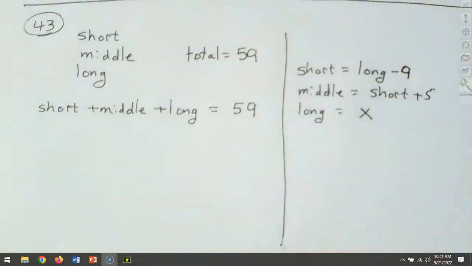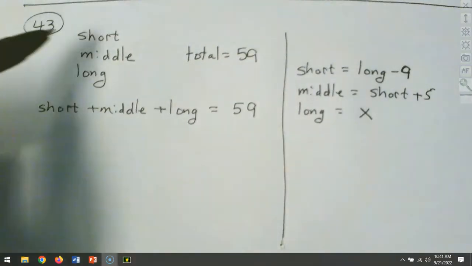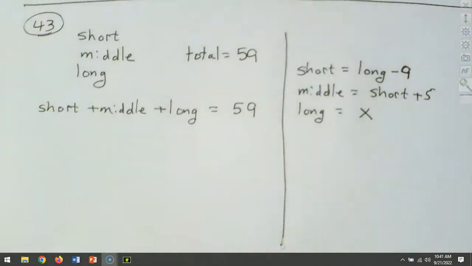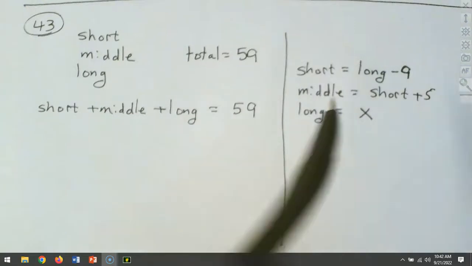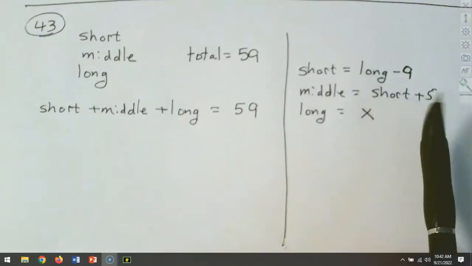Let's read it and make sure we have it right. The party sandwich is 59 inches total. So that's there. It's cut into 3 pieces, a short side, a middle side, and a long side. They add together to give you the 59. The middle piece is 5 inches longer than the shortest piece, so the middle piece is going to be the short plus 5.